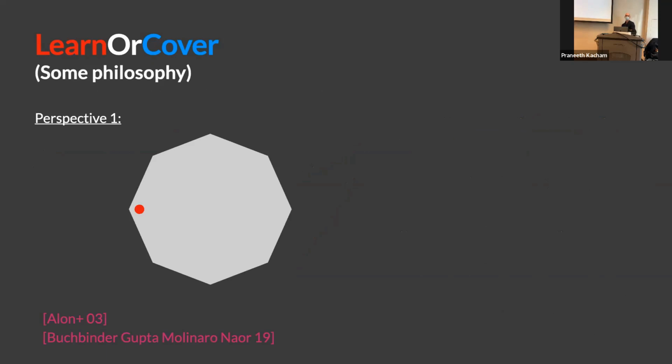Some philosophy. You asked the question of what we can compare this with, the Alon et al. algorithm. Here's one perspective on it. One way to think about that algorithm is that we're living in some polytope and then we learn a new constraint. This paper by Buchbinder, Anupam, Marco Molinaro, and Steffi Noer shows that you can interpret that algorithm as a projection in KL divergence onto the new polytope, which is given by the old one plus the new constraint that arrived.